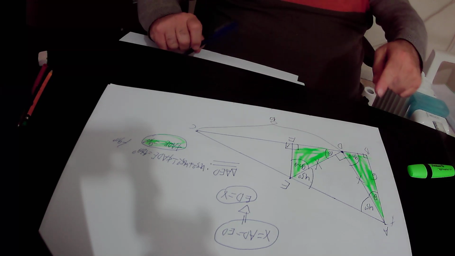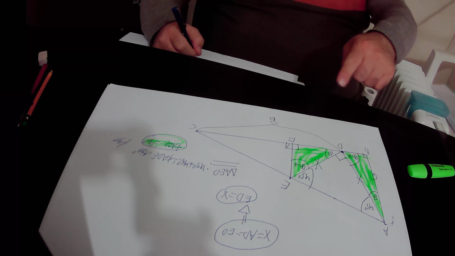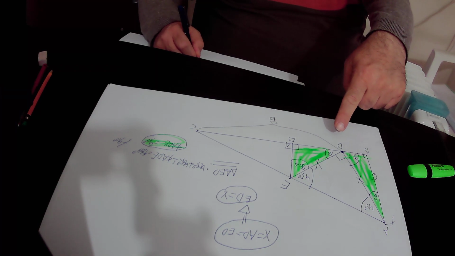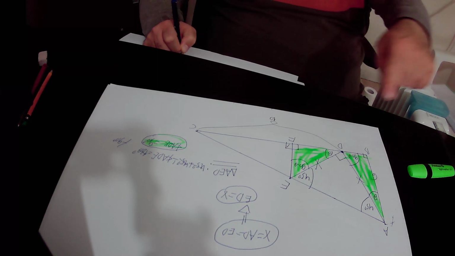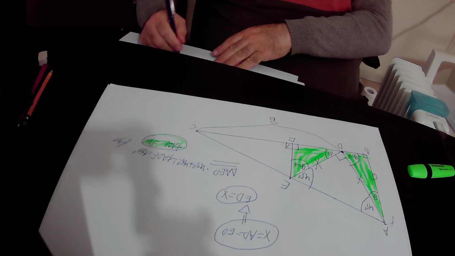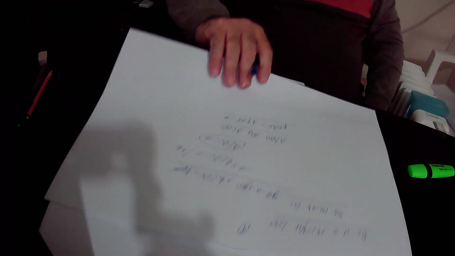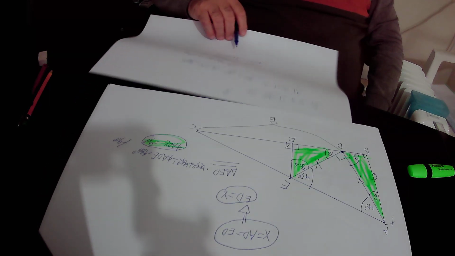So angle BAD is equal to angle EDF, this angle, and both angles are equal to theta. I'll repeat again, angle BAD equals angle EDF equals theta.